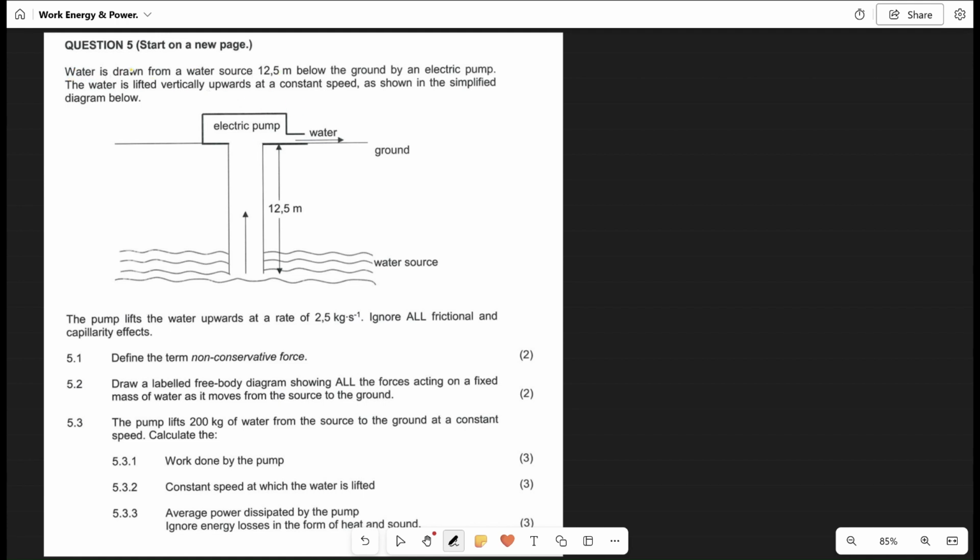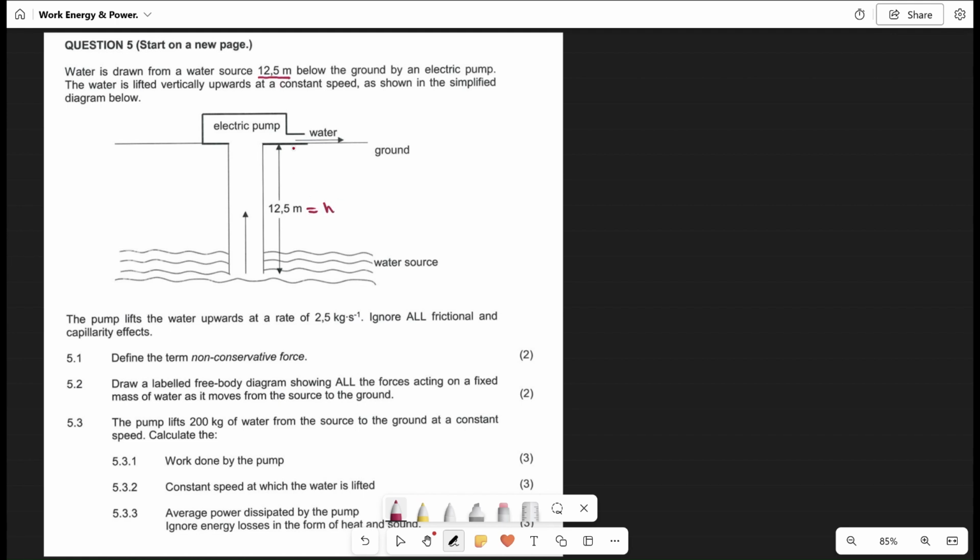So they're saying that water is drawn from a water source 12.5 meters below the ground by an electric pump, right? So the water is lifted vertically upwards at a constant speed as shown in the simplified diagram below, right? So what information can we get from that? We know that our height is 12.5 meters.